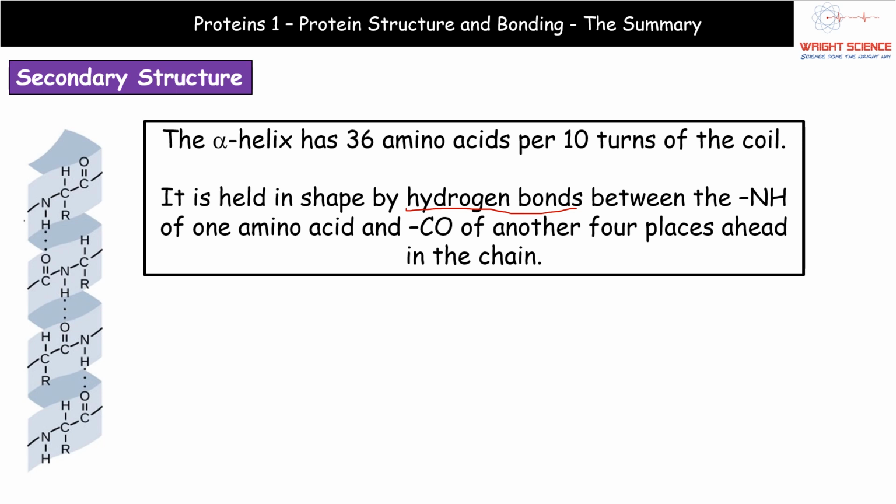So if this is our amino acid, here we go, if that's number 1, then this one here where the bond actually is would be number 5, because it's 4 places ahead. So we end up with these little hydrogen bonds between those 2 parts of the amino acids, and that's what holds it in that coiled shape, the alpha helix.